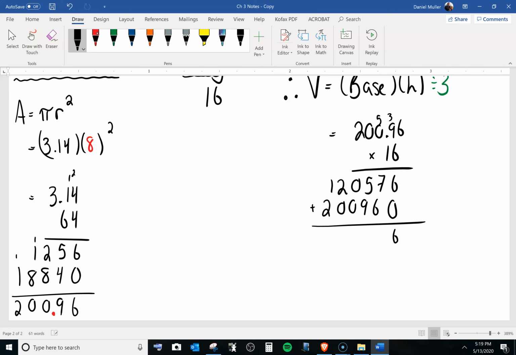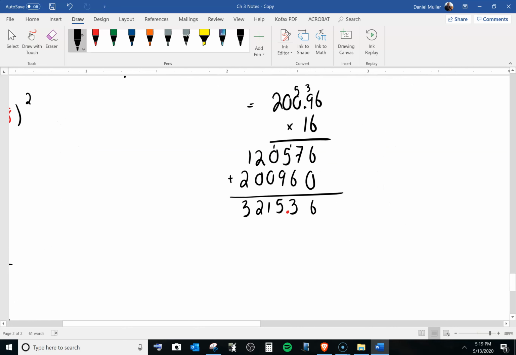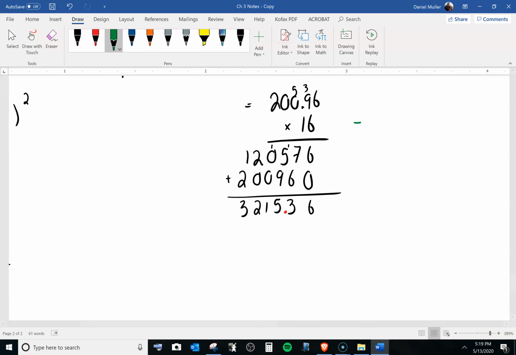So I get a 6, 13, 15, 1, 2, 3. So I get 3,215.36. And then I now have to take that number. This is absurd. And I now have to take that and divide it by the 3.